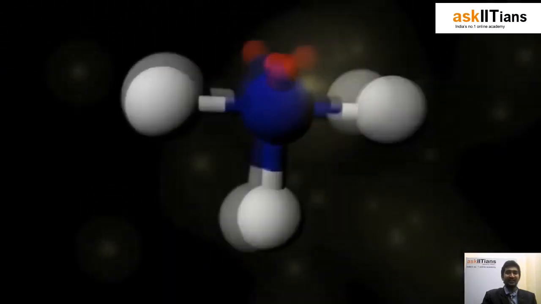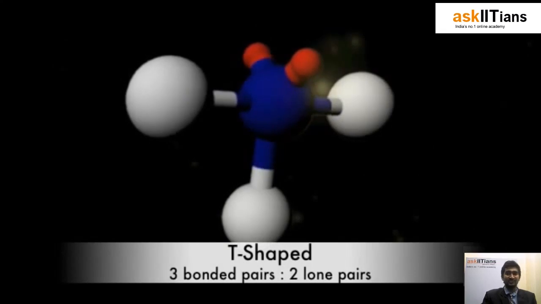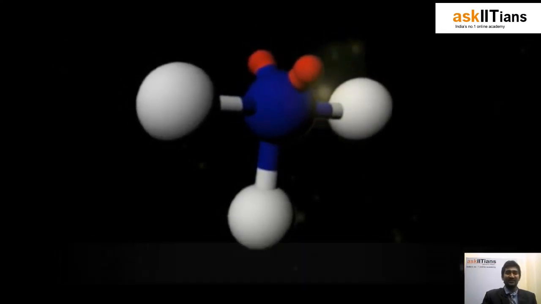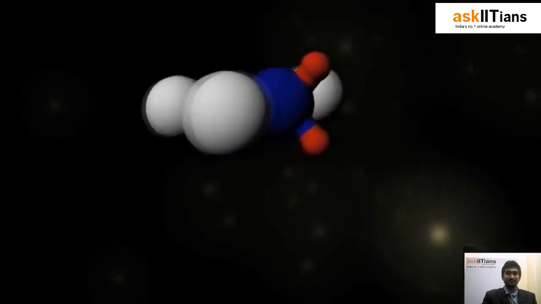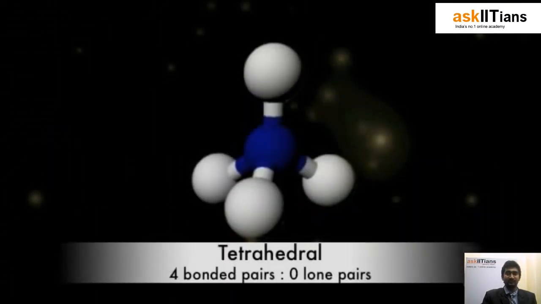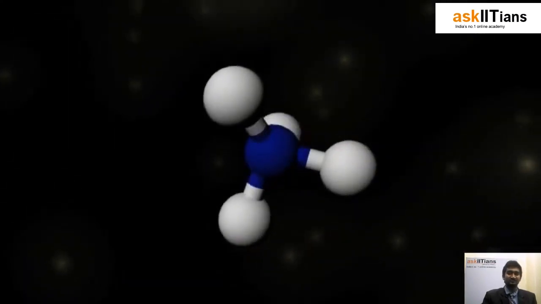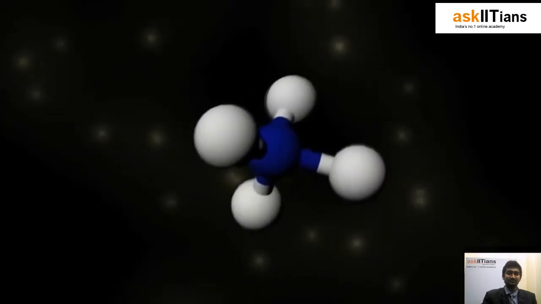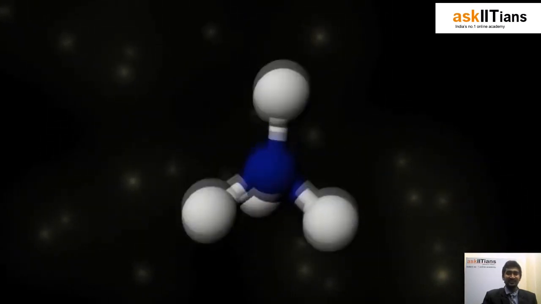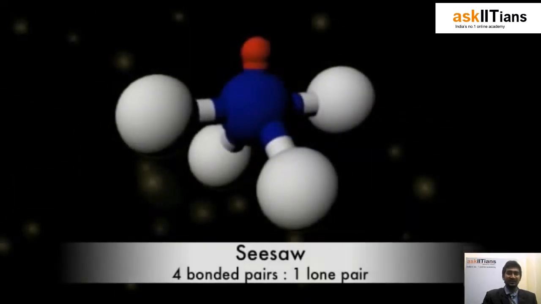These all are 3D animated videos. This is T shape, ClF3, 3 bond pairs and 2 lone pairs. Tetrahedral, like CH4, 4 bond pairs and 0 lone pairs. You can see this in spatial arrangement.